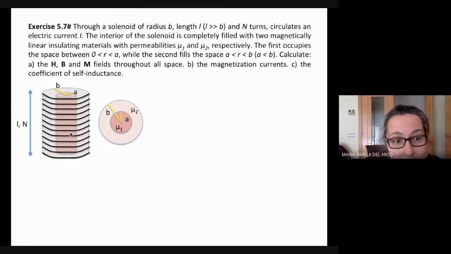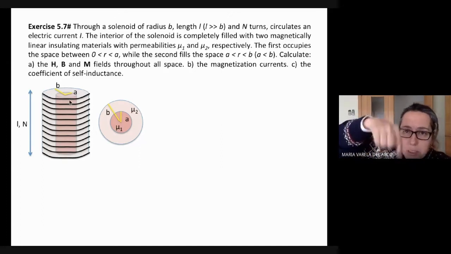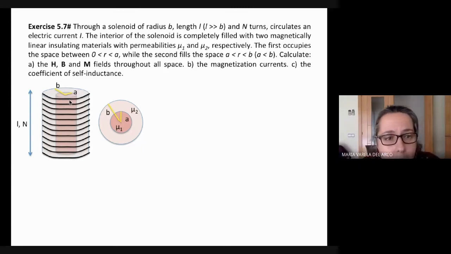Here we have H, or B actually, they are both parallel to the axis of the solenoid. And we have a symmetry of two different materials that also change parallel to the axis of the solenoid, so we have a revolution symmetry. There is symmetry also along Z, but there is not symmetry along R. So it's like having both materials.